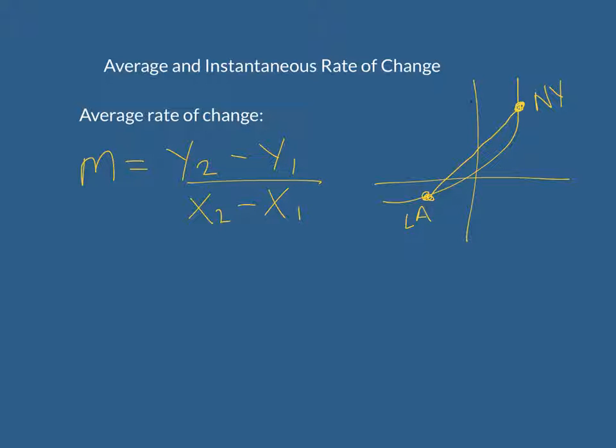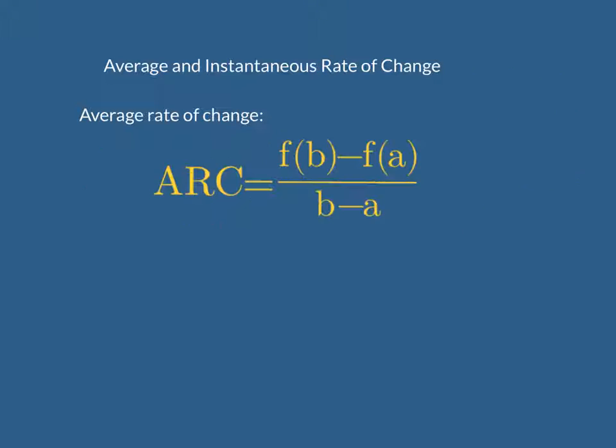So the formula for average rate of change will look a little different, but the concept is the exact same concept as slope. So our average rate of change formula is f of b minus f of a divided by b minus a. And a is the x value of our first point, and b is the x value of our second point.